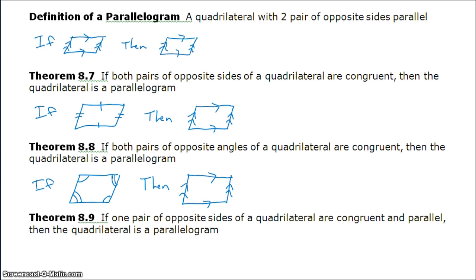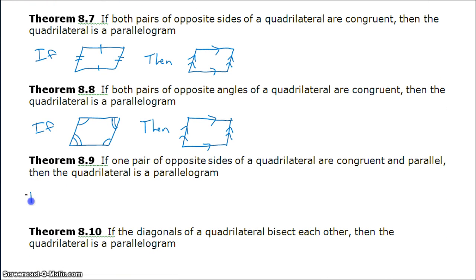Theorem 8.9 says if we have a quadrilateral and one pair of the sides is both congruent and parallel, then that's enough to conclude that we have a parallelogram.